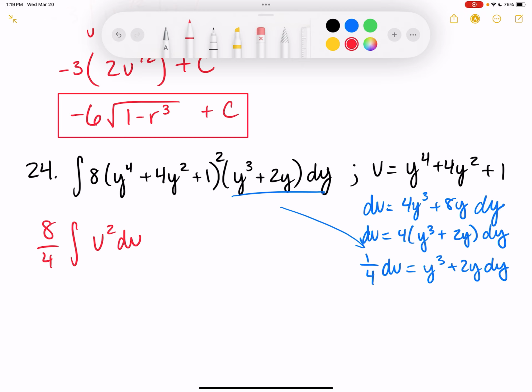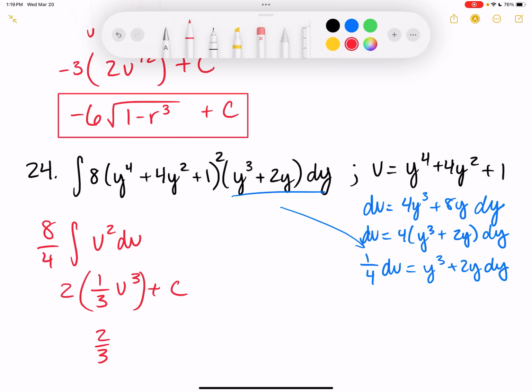Okay, so what's the antiderivative of u squared du? 1/3 u cubed plus c. And this is getting multiplied by 2, so that's going to be 2/3.